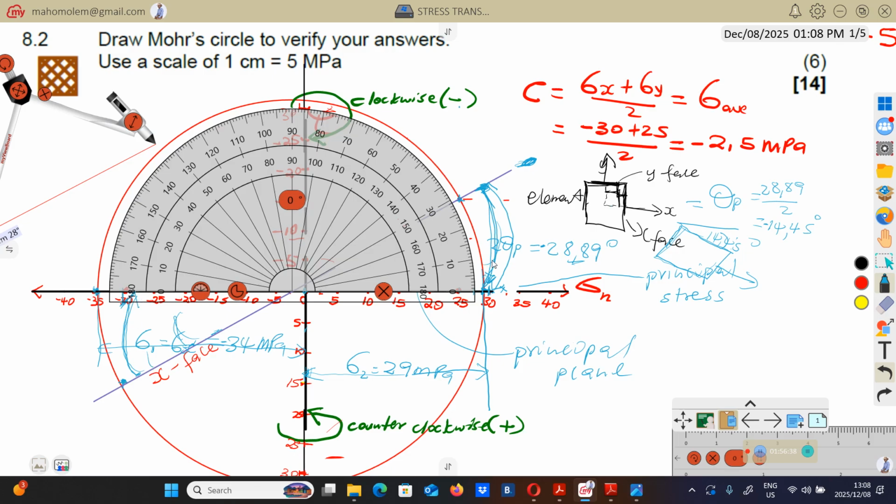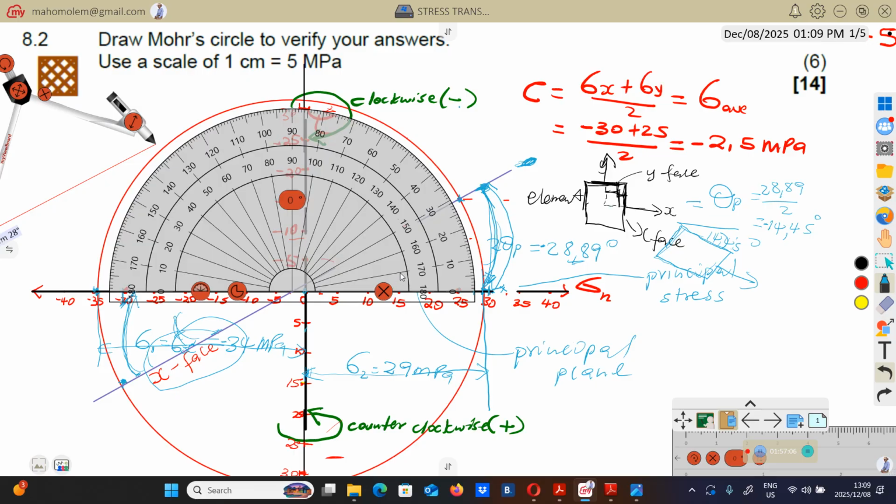We will get 28.89 from the Mohr's circle. Then we take that 28.89, which is negative because of this clockwise, and divide it by 2, and you will get this negative 14. So that 14 or 28 will go with the X face, as we've done via the calculations.